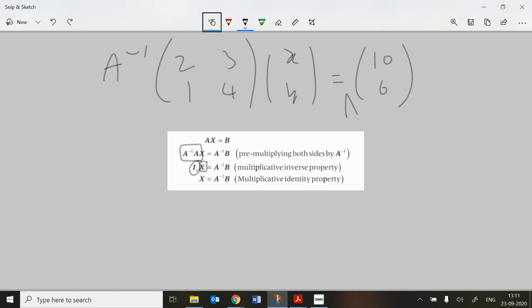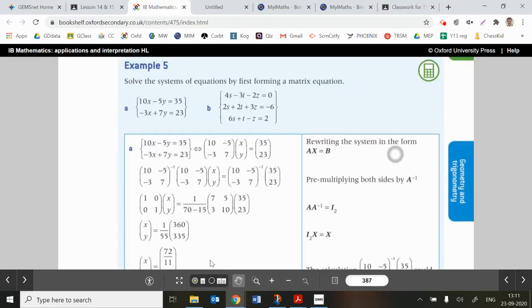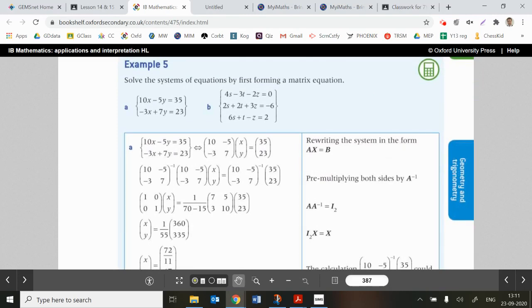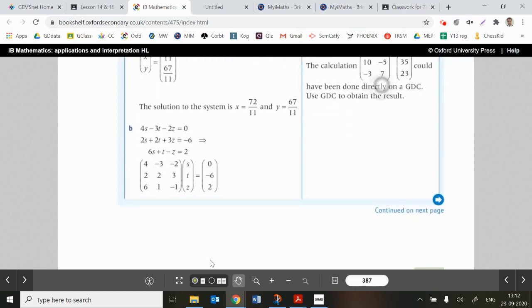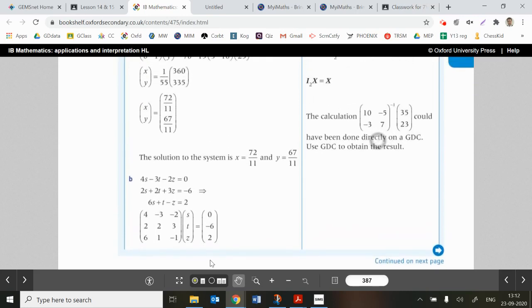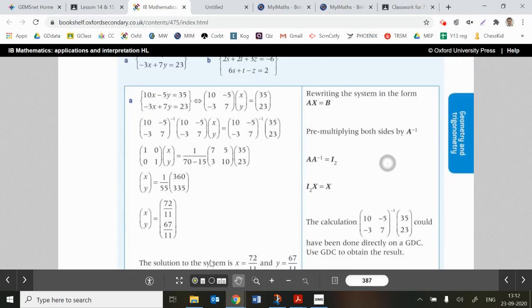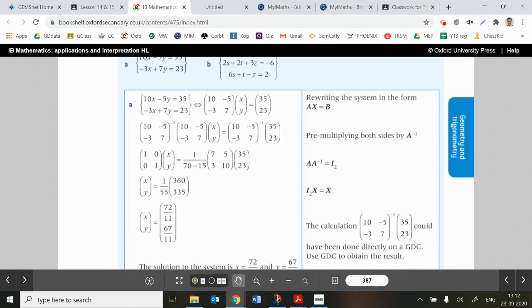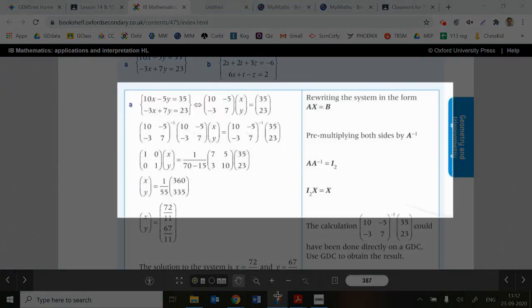Okay, so again, let's have a look at the question here. They do this longhand for part A, because it's a set of two simultaneous equations. And for part B, they do it via a calculator. So you use a calculator method for that one. For part A, let's just take this through again.